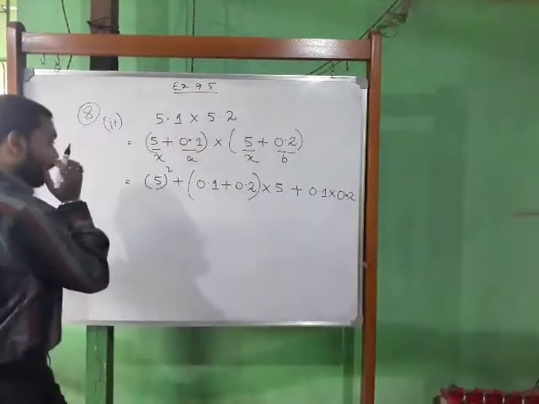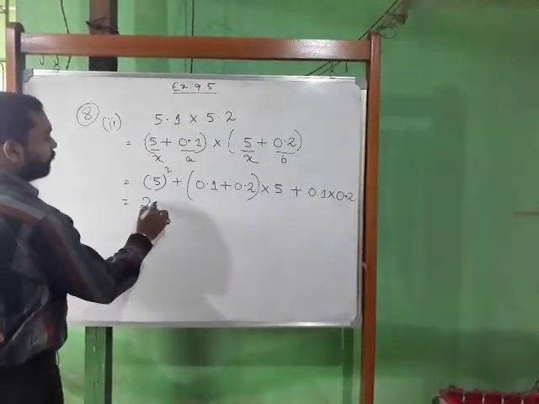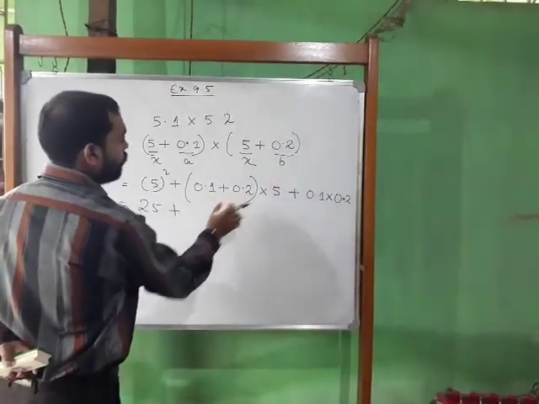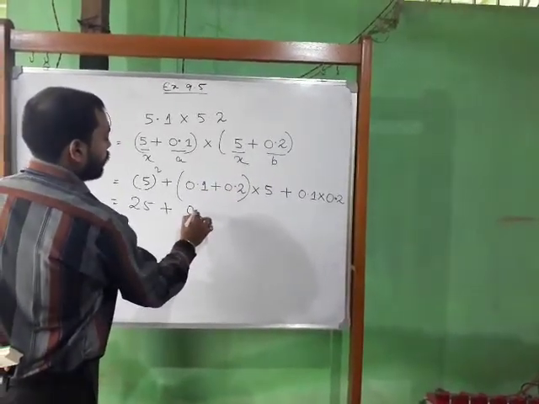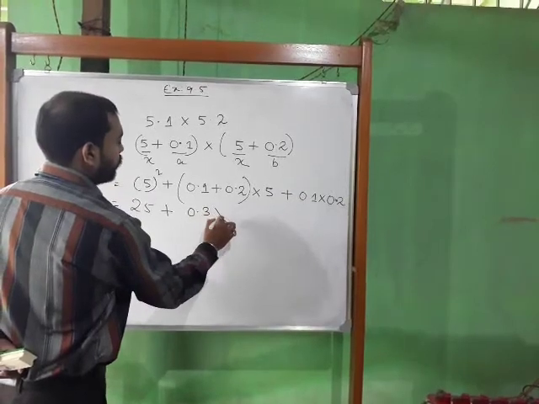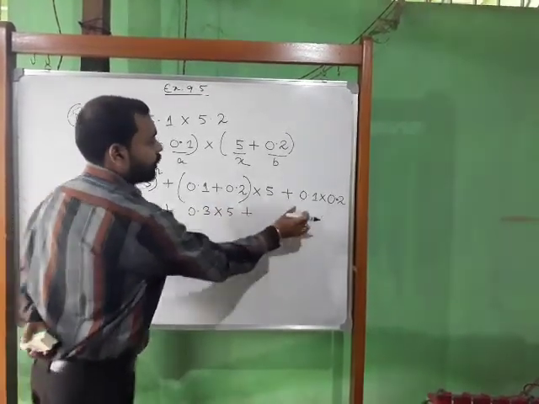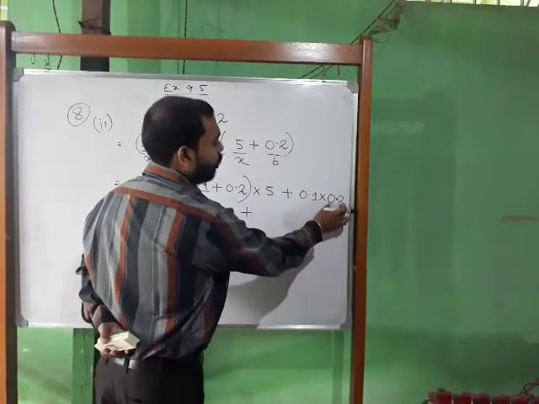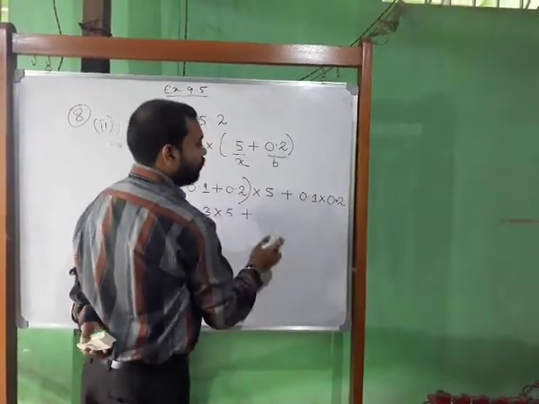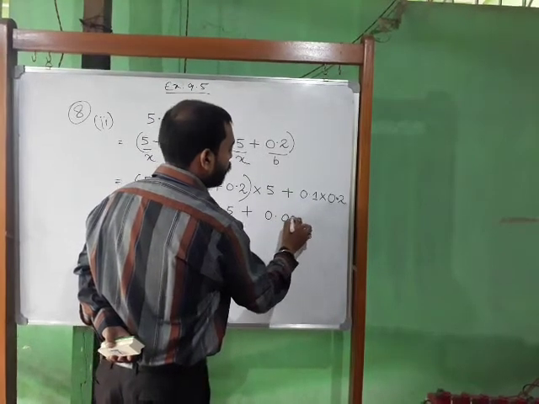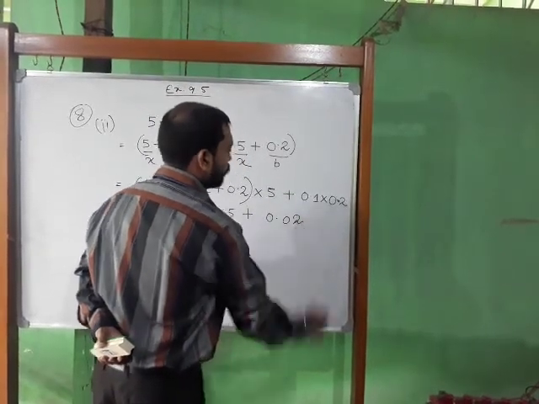Now 5 square is 25, plus 0.1 plus 0.2, which is 0.3, into 5, plus 0.1 into 0.2. So it will be 0.02.